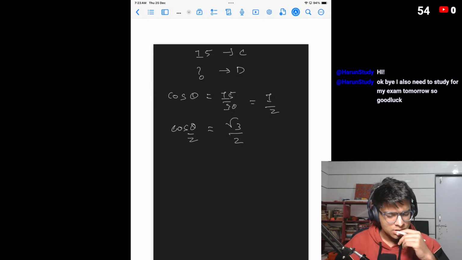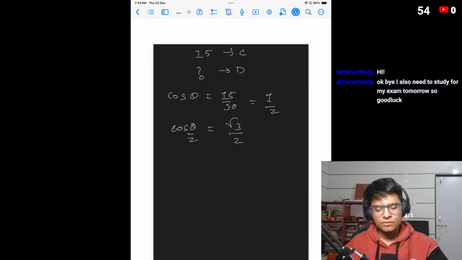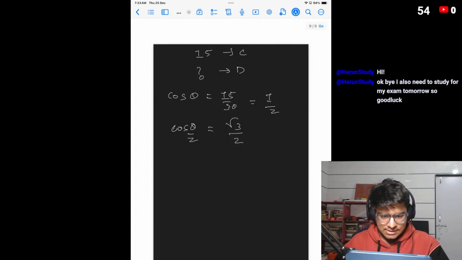Can hypotenuse again be 30? No, of course not. It is in ratio. But how do I now get the ratio?